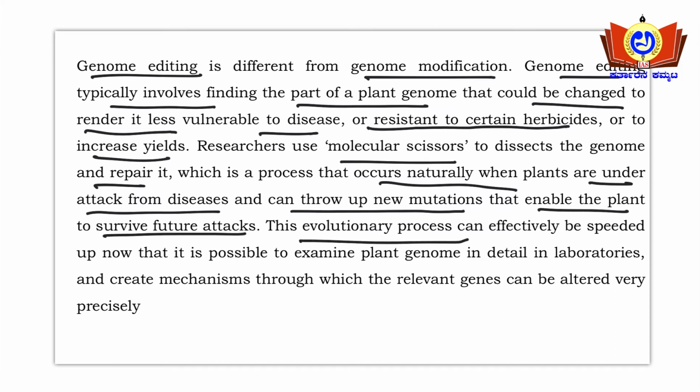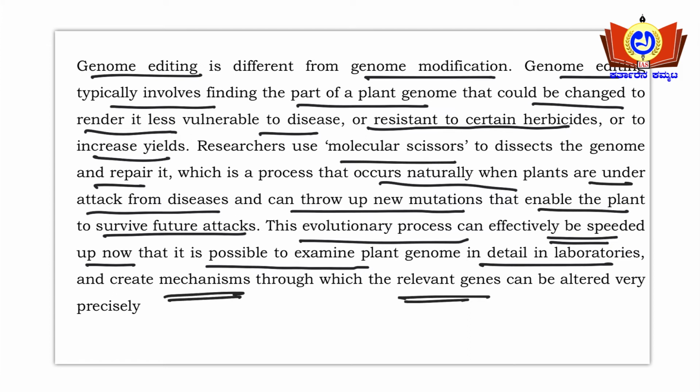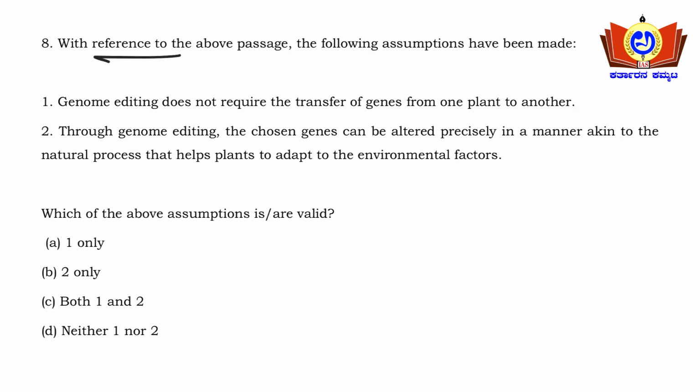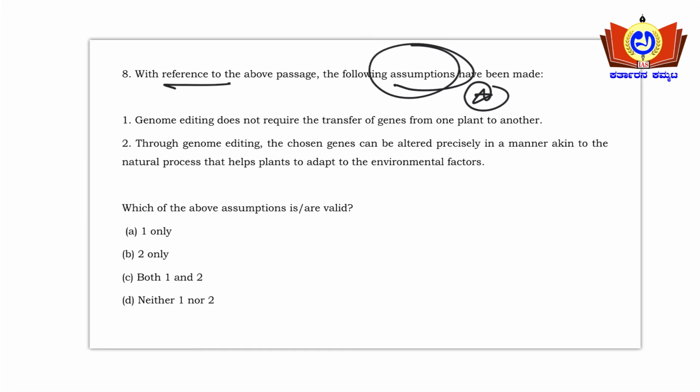This evolutionary process can effectively be speeded up now that it is possible to examine plant genomes in detail in laboratories and create mechanisms through which relevant genes can be altered very precisely. So what is the question, my dear friends? With reference to the above passage, the following assumptions can be made. In previous videos I have told you what is meant by assumptions, so we shall examine the question.